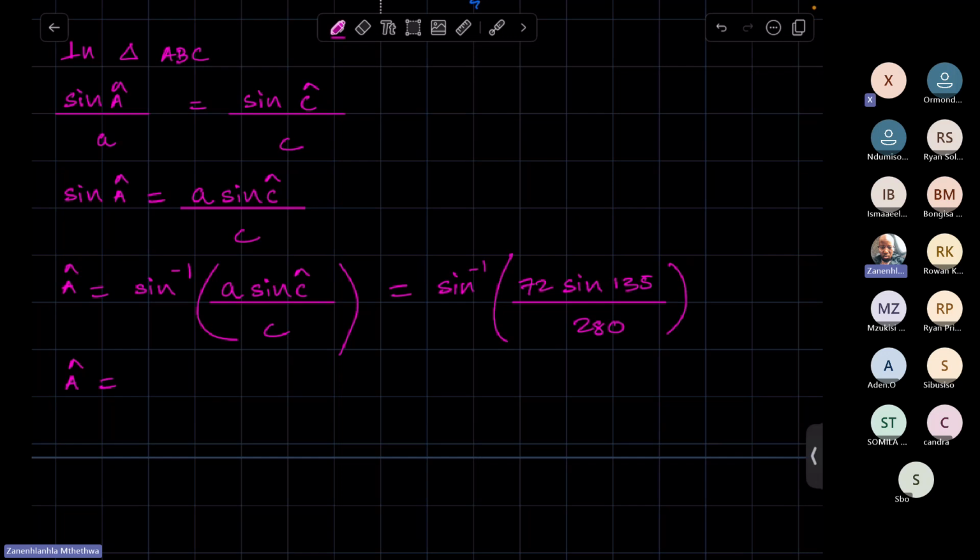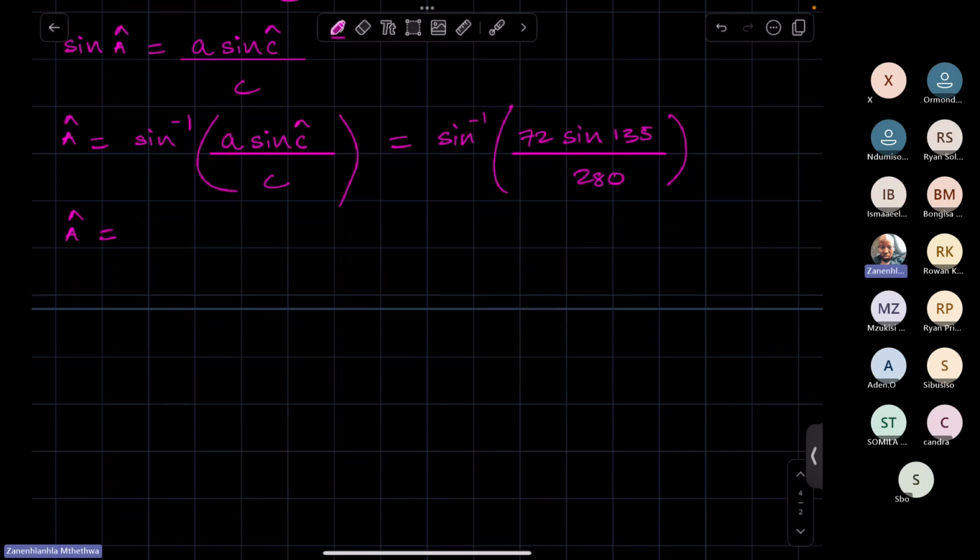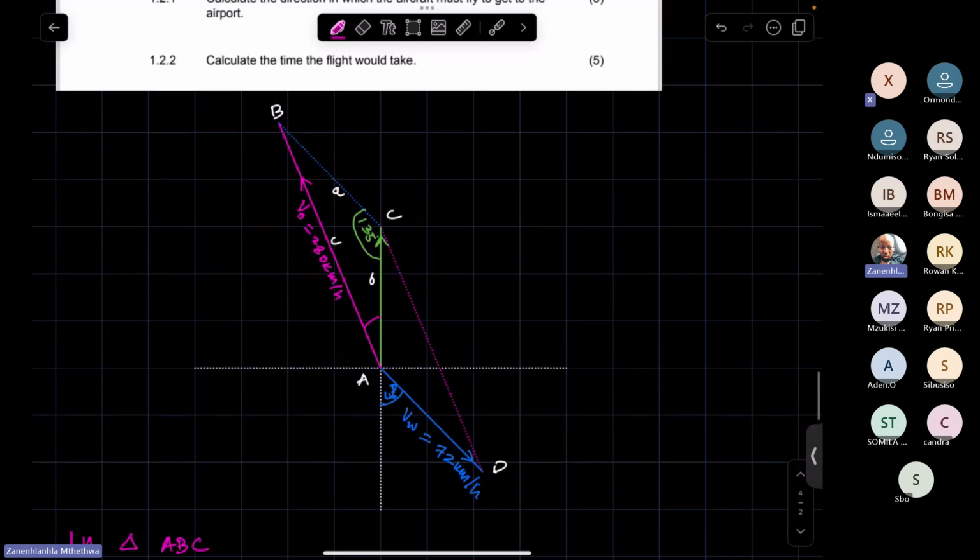It's 10.475 degrees. This means the direction to be taken. The angle that we calculated is referenced from the y-axis.